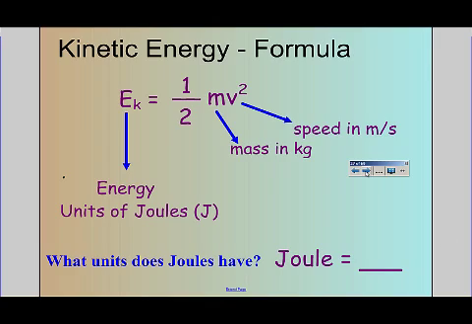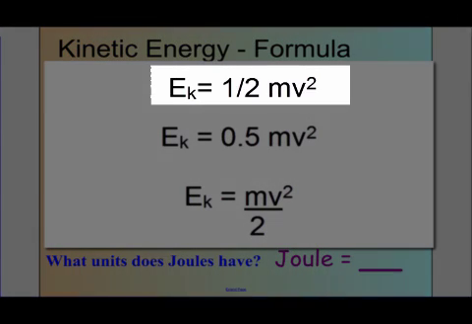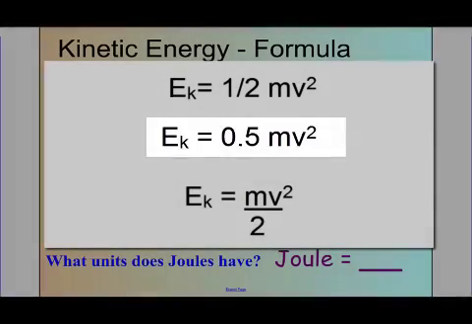When you're doing this mathematical equation, you can use this formula that we see here, or you can rearrange it into a couple different forms, and all of these work. The formula at the top is the one that you've already seen. That's the one that was on that page there. The second one, instead of putting 1/2 as a fraction, I've just changed it to 0.5 as a decimal, and if that's easier for you to calculate with, you're more than welcome to use that one.